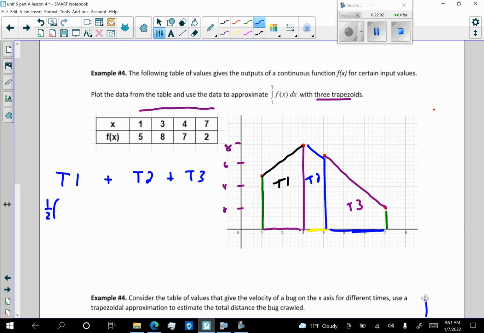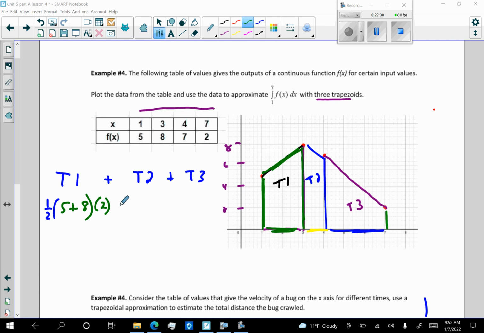Let's sketch trapezoid 1. The first base is the output for 1, which is 5, plus the output for 3, which is 8. What's the height of this first trapezoid? It's 3 minus 1, which is 2. So that's your first trapezoid.